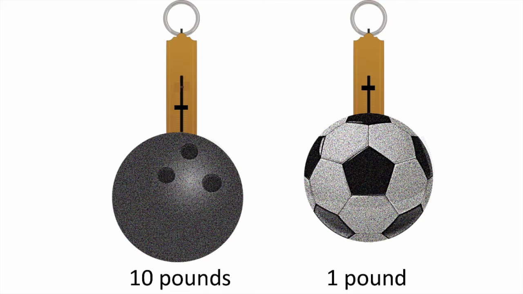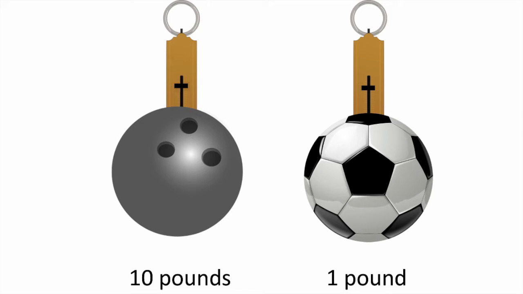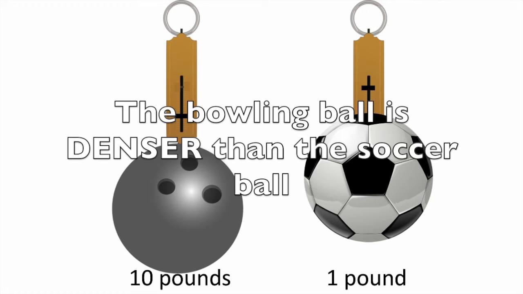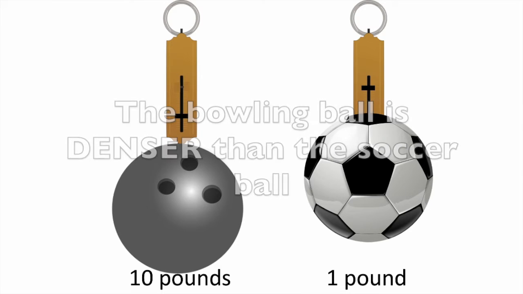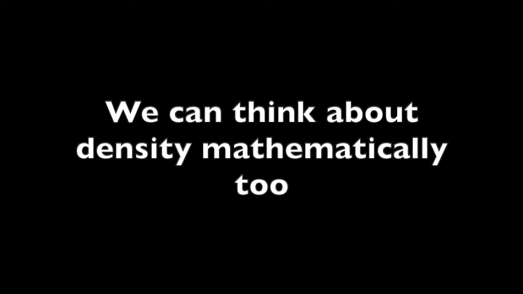And since there's more matter in the bowling ball, its mass is greater than the mass of the soccer ball. And because the larger the mass, the higher the weight, the bowling ball, which has more mass, is heavier than the soccer ball. The bowling ball is denser than the soccer ball because there is more matter in the same amount of space.